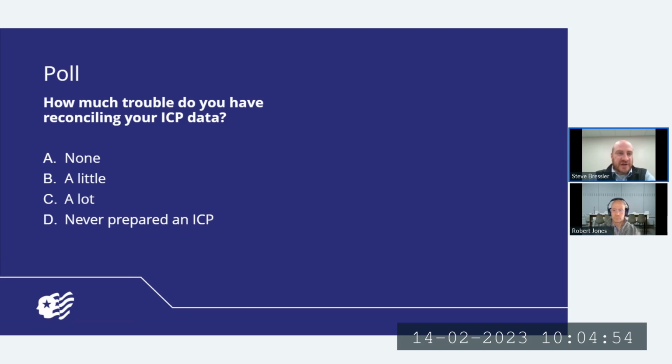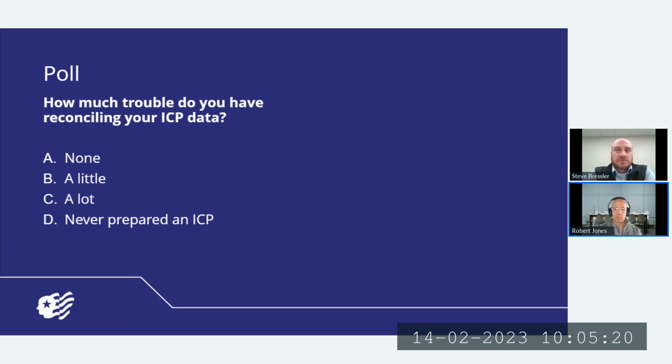I'll read the options: none, a little, a lot, or potentially never prepared an incurred cost proposal. And again, as a reminder, you do need to respond to 3 of the 4 polling questions in order to qualify for your CPE credits.